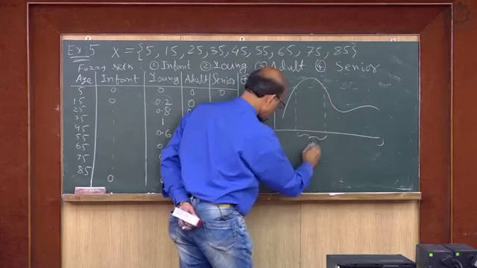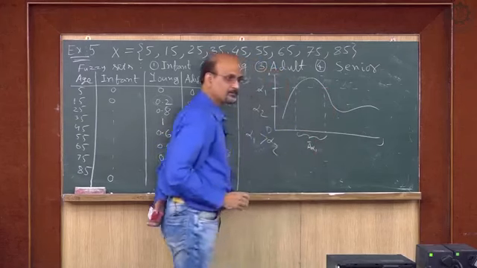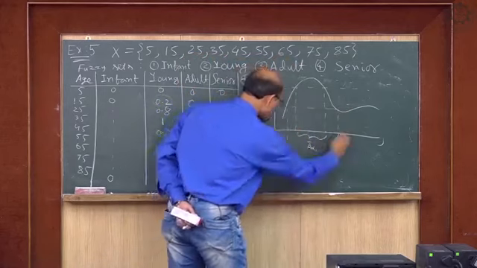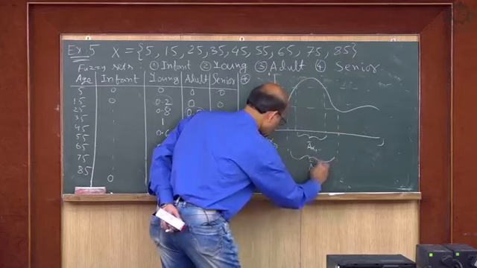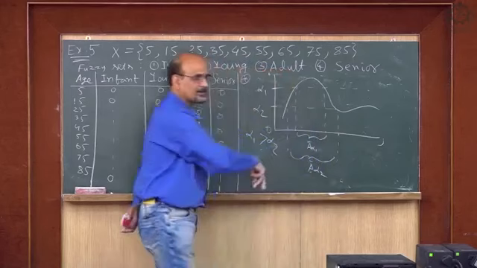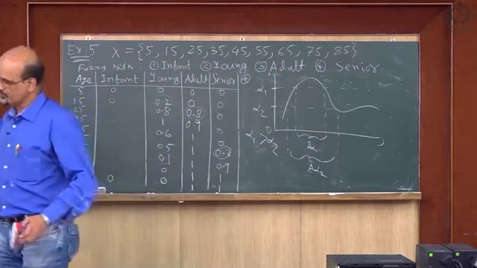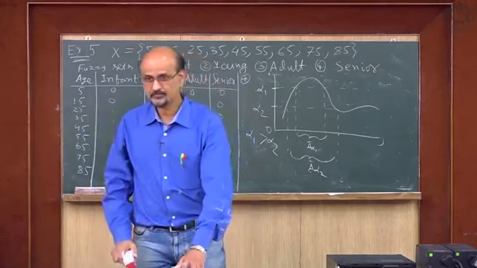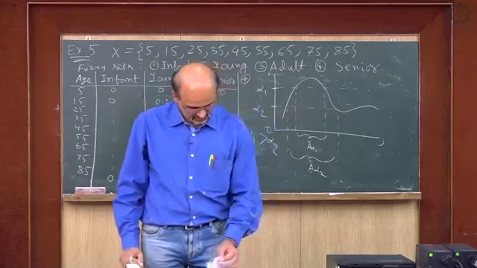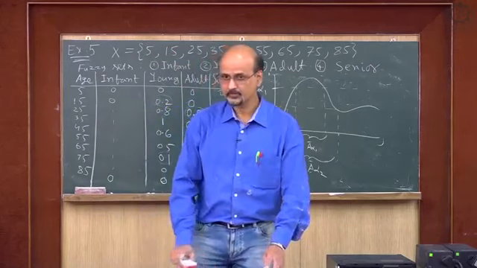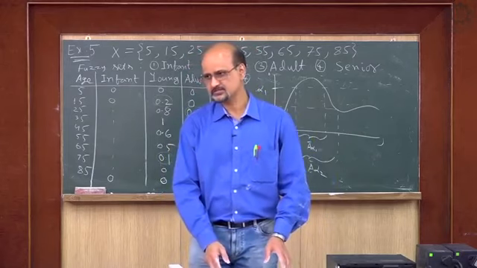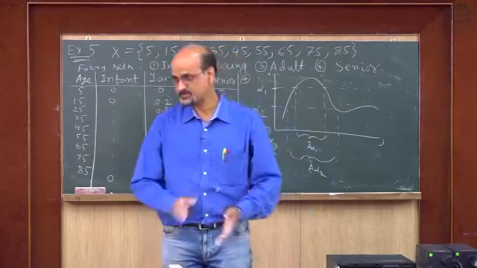This is for A bar alpha 1, and for alpha 2 this is your A bar alpha 2, and you see A bar alpha 1 is contained in A bar alpha 2. Okay, I think in the next class we will see the further definitions and other operations of fuzzy sets.